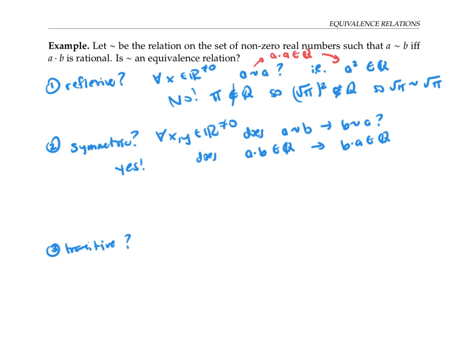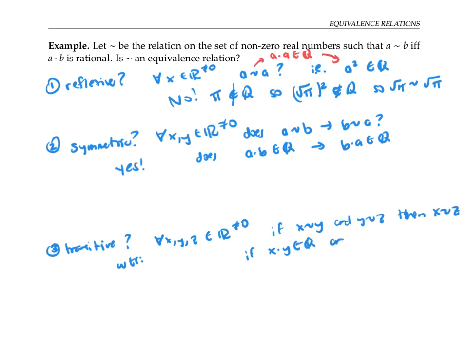Let's check about transitive. Transitive says for all x, y, z in my set, we want to show that if x is related to y and y is related to z, then x is related to z. So that says if x times y is rational and y times z is rational, then x times z is rational.